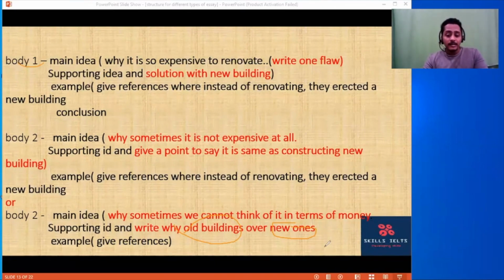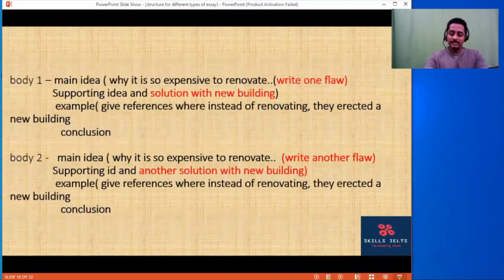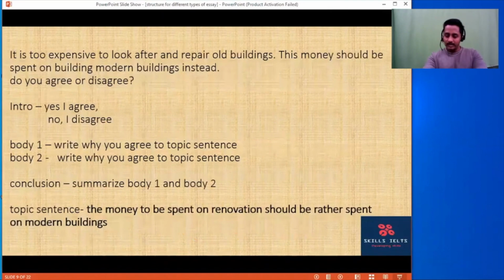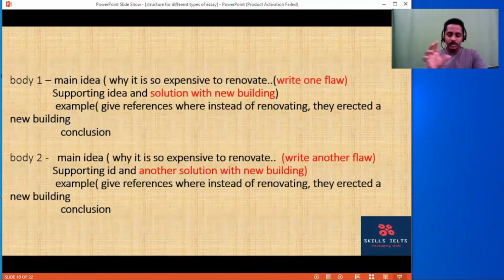If you completely agree, Priya, you have to agree only. It is the same as this essay: you agree in body 1, you agree in body 2. If you agree, why would you say disagree? You don't. Let's say I tell you your name was kept by your grandfather.